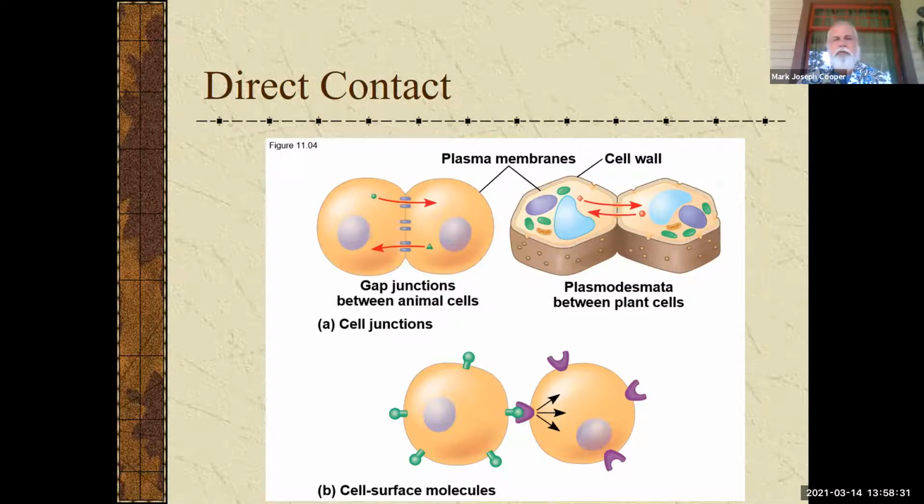And so here what we have is a couple of different ideas. Up on top, I want you to understand that animal cells, remember we talked about the three different connections between them. The one where they really communicate is called a gap junction. That's where there's openings between cells and molecules and ions can pass through, even share cytosol.